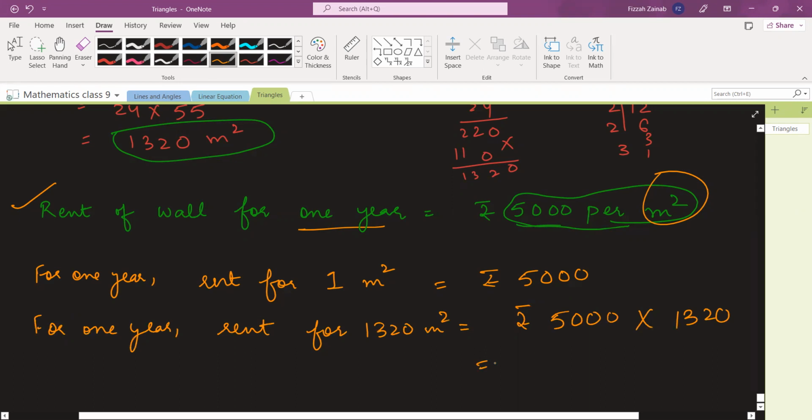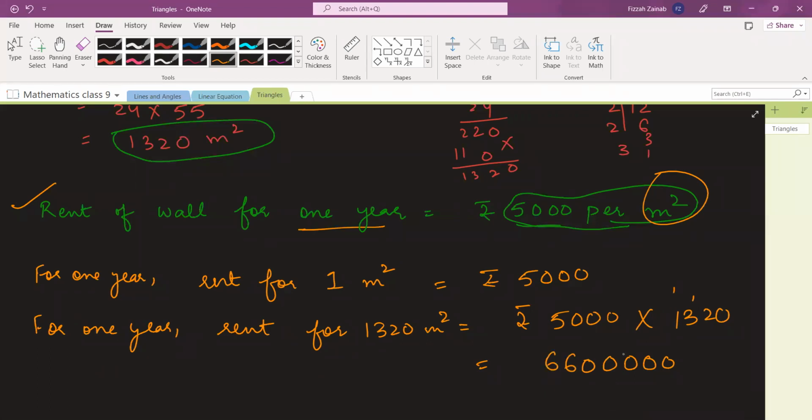So I think it's simple now. So 40 you can put 1, 2, 3, 4. Now multiply by 5. 5 into 2 is 10, carry 1. 5 into 3 is 15 and 1 is 16, carry 1. 6. Is that clear?